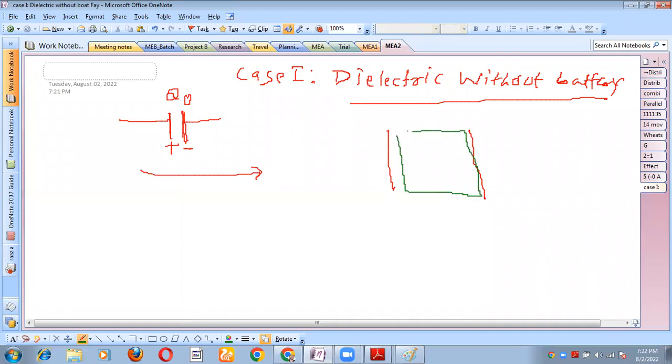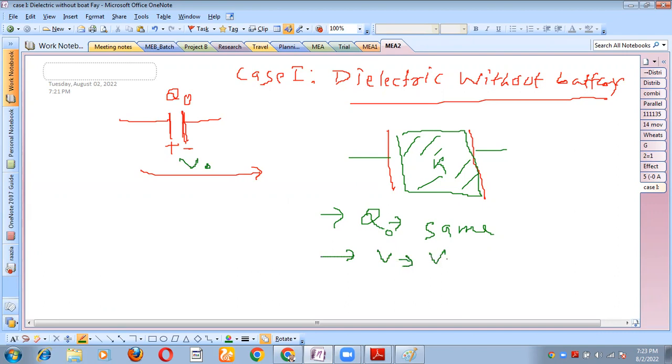In that case, what will happen? We have inserted a dielectric of dielectric constant K. What things will change and what will remain the same? Charge will remain the same. We know that charge is conserved. If the potential was V naught, the potential will reduce.